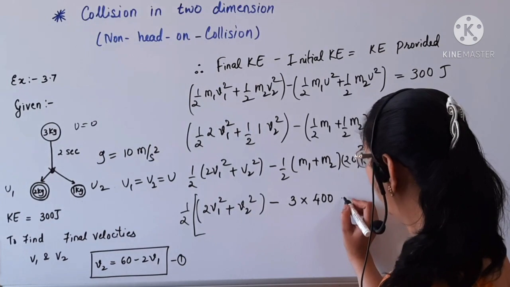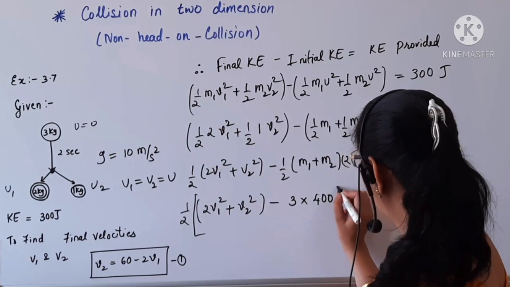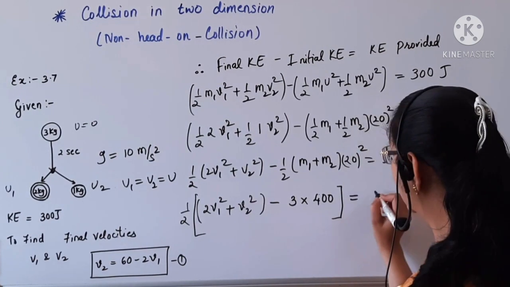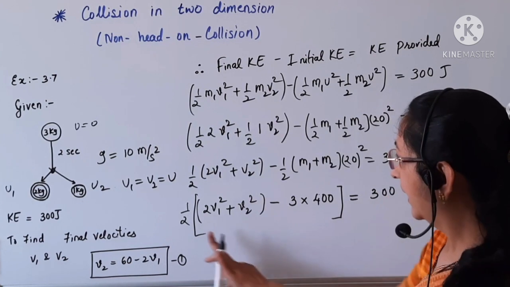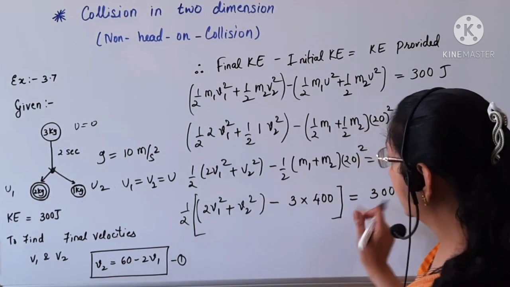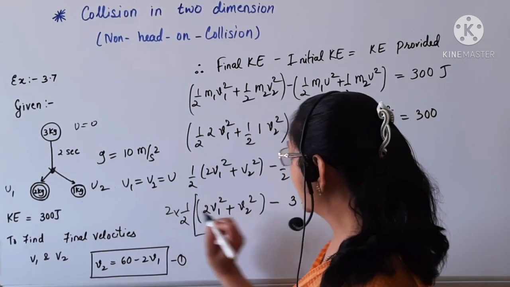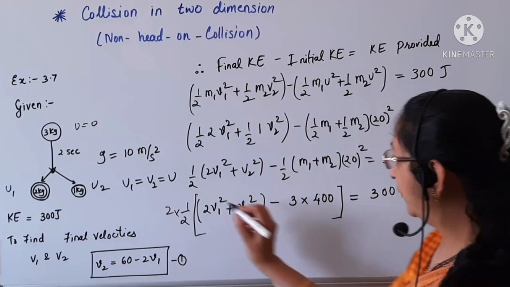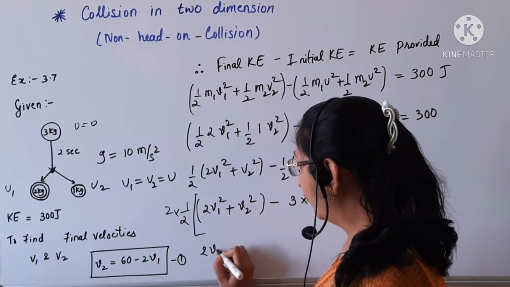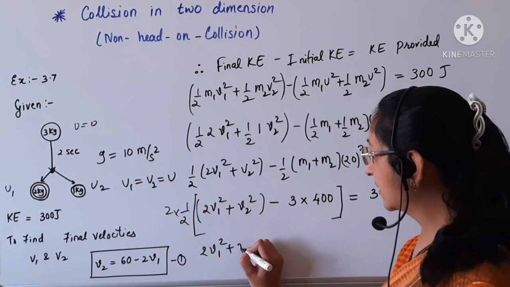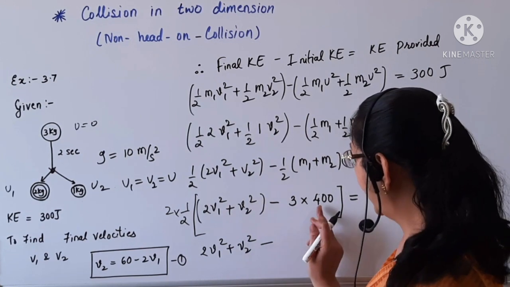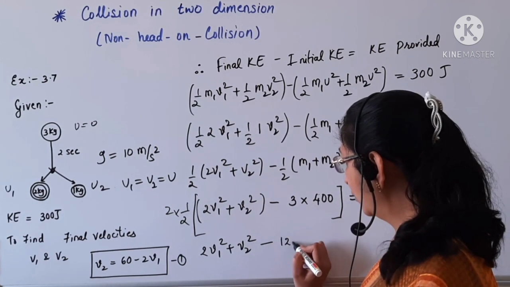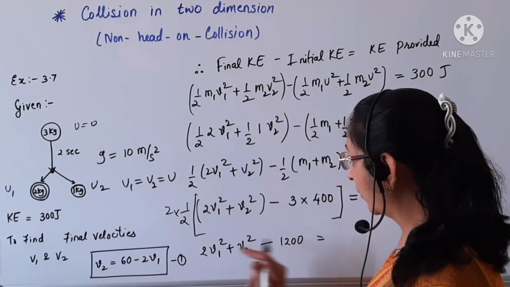So, we write here 400, we complete the bracket, this is equal to 300. Now, multiplying both sides of the equation by 2, we get 2v1 square plus v2 square minus, this is 1200.